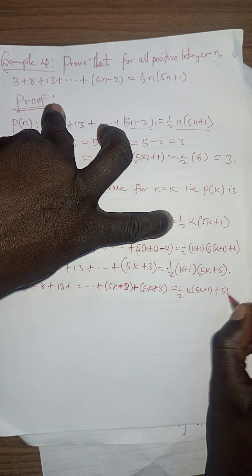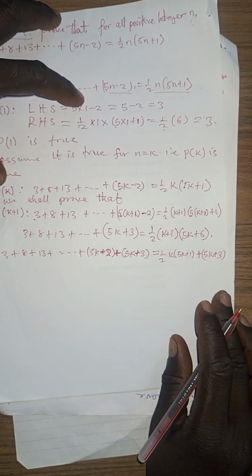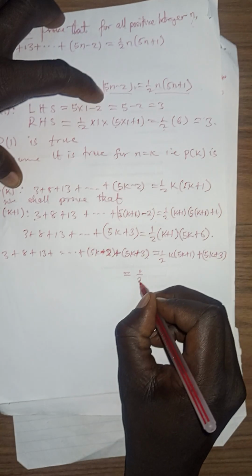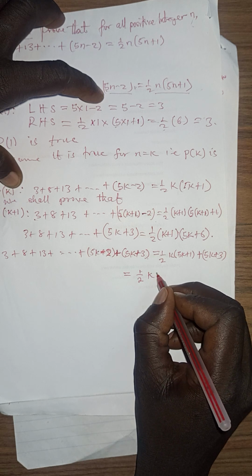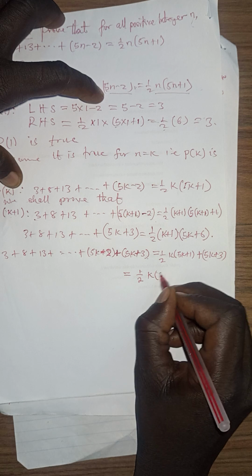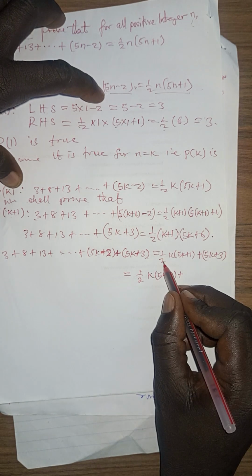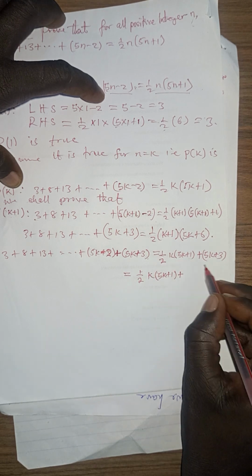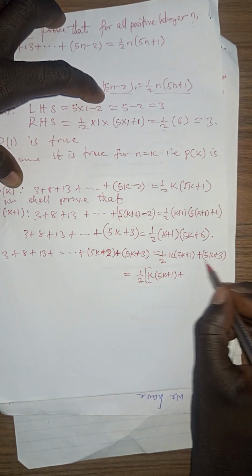Concentrating on the right-hand side, we have 1 over 2 into k into 5k plus 1, and then plus, because this half divides only this term, for all the terms to be under the same denominator, we have to multiply this by 2.